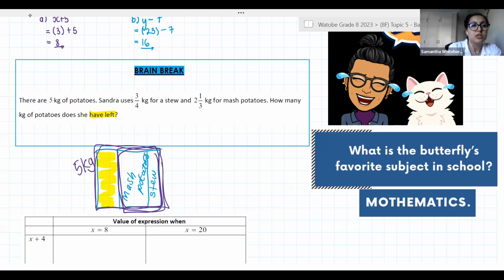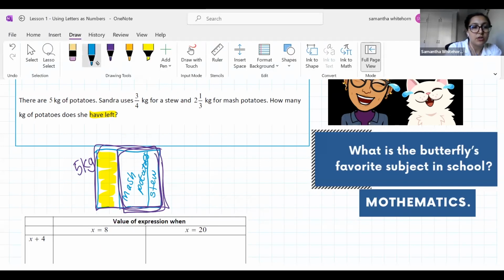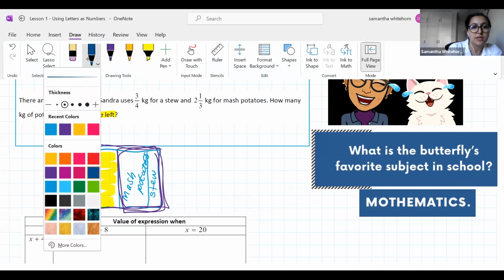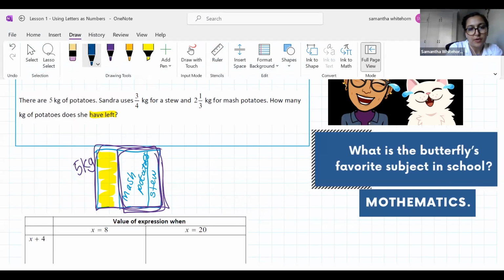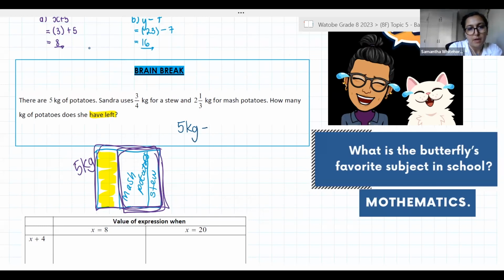This is sort of like what we've been talking about in algebraic expressions. We want to set up a sum for ourselves. We've got 5 kilograms minus 3/4 kilograms for the stew minus the 2 1/3 kilograms for the mashed potatoes.